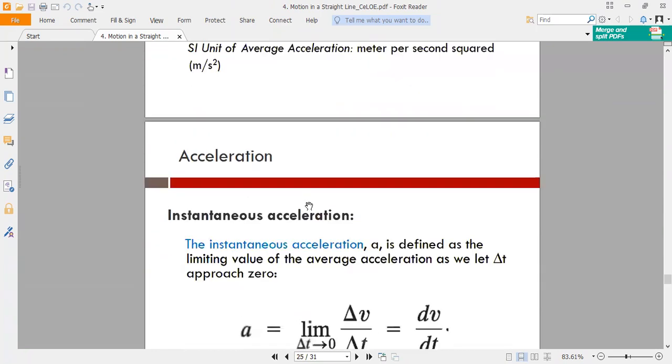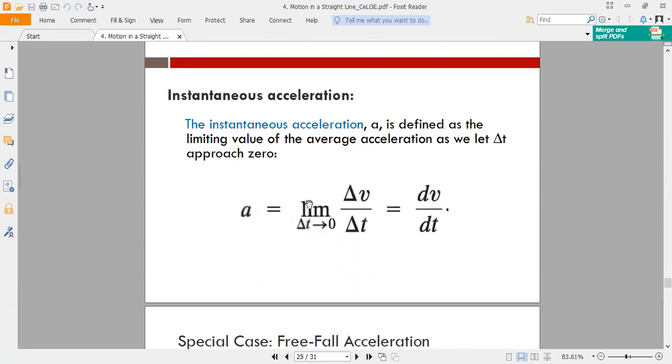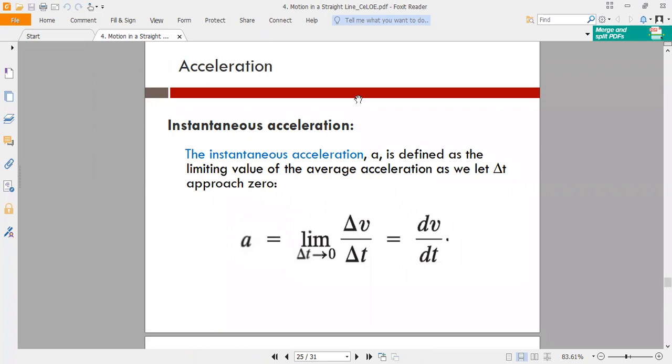And we also have instantaneous acceleration, which is the first derivative of the velocity. So from x, the first derivative is instantaneous velocity, and the first derivative of the velocity is acceleration.